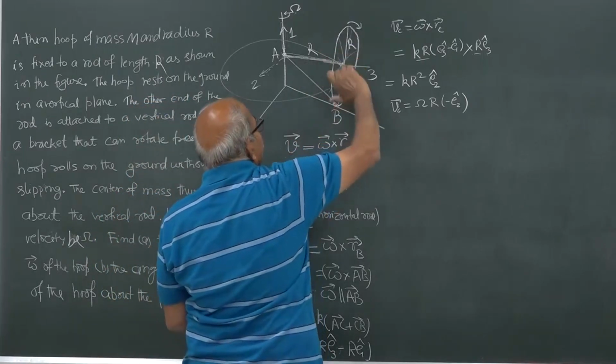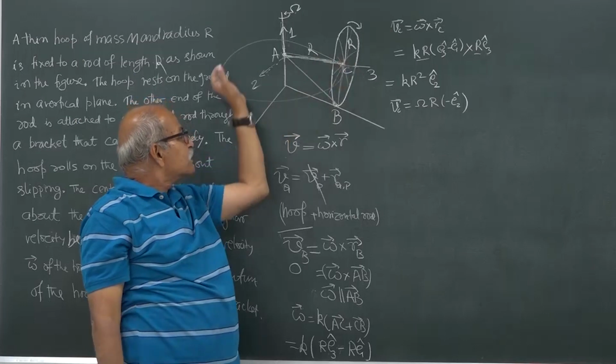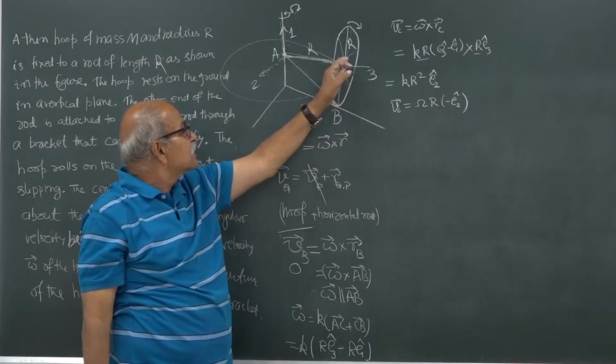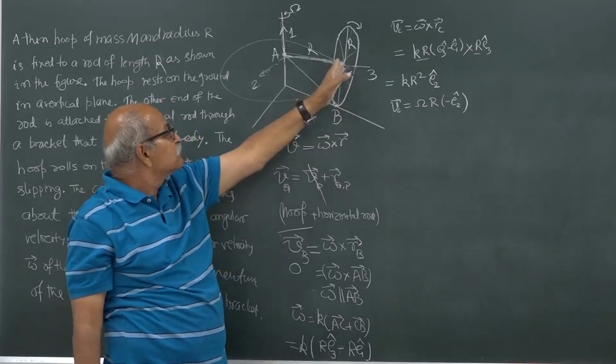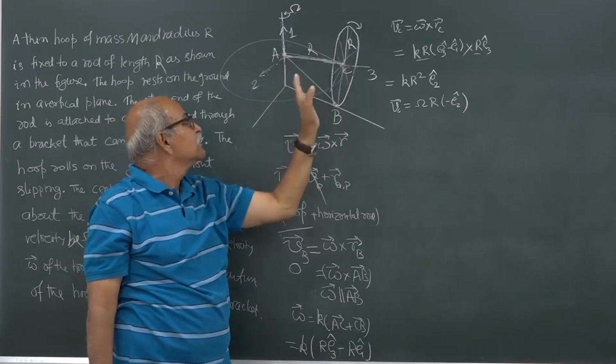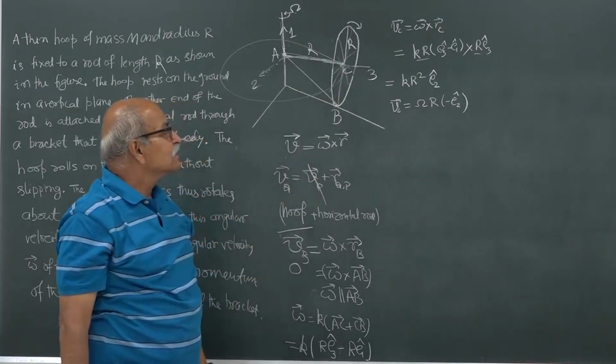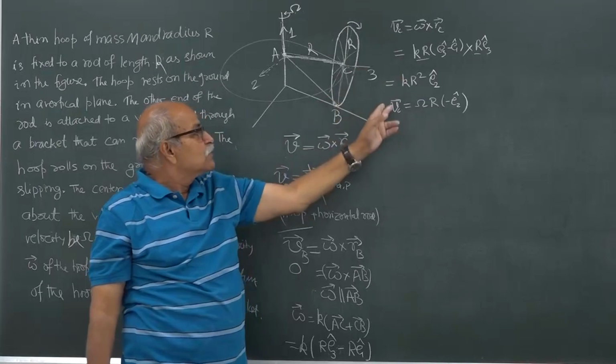If it is rolling this way, the particle is going in this direction, and therefore we can write the speed of this. The speed of this will be in the minus E2 cap direction. So, it is this. Now, you can compare these two Vc's.